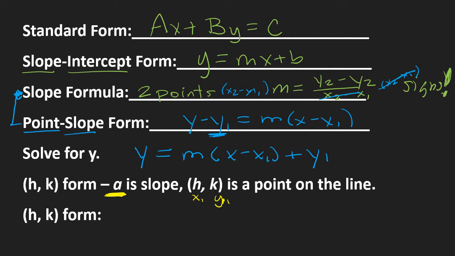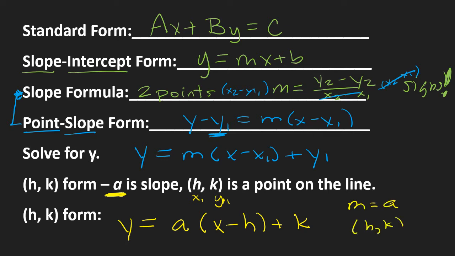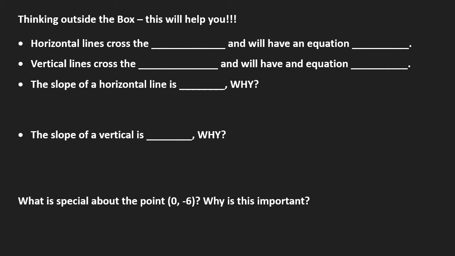So we can think of this formula as y equals a, a vertical stretch or vertical compression, times x minus h, plus k. When I think about this, the slope is just a, and the point I used was just h, k. All right, so that's the foundation for the rest of this lesson. Let's see where this will take us.